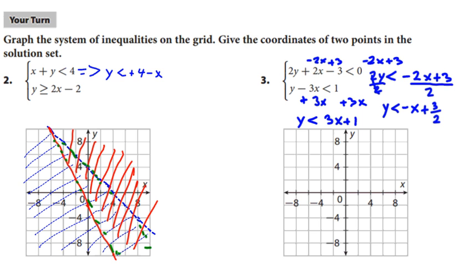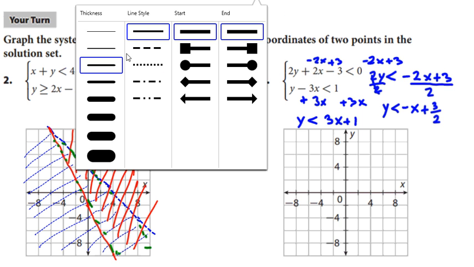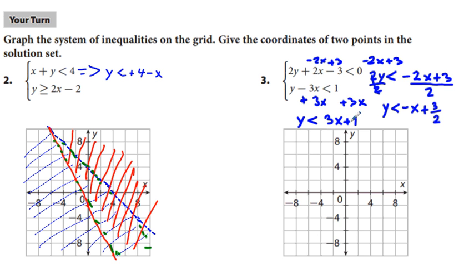So I'm going to do this bottom one first, and to do that, I'm going to get less than, not equal to, but less than. So I have this 3x plus 1. So here's our y-intercept at 1, and then we go up 3 over 1. So up 1, 2, 3 over 1. So we're going to have this sort of looking part here.